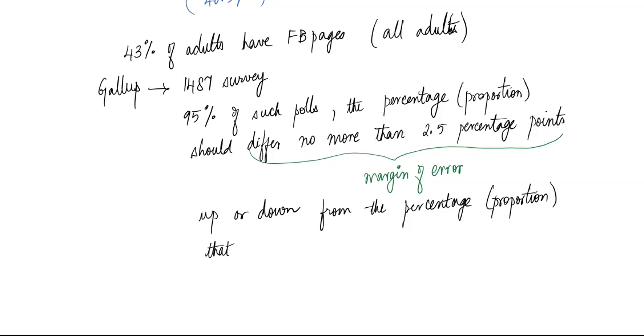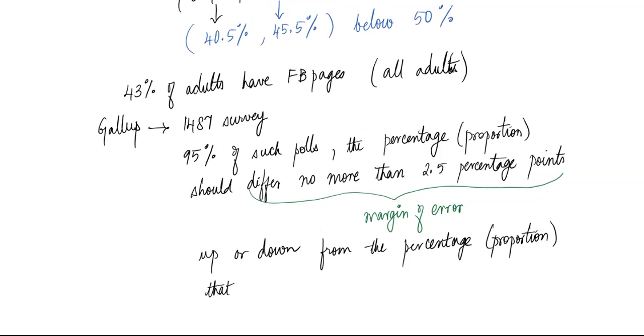You get a percentage, right? A proportion. That proportion could be 43% itself, or it could be 44%, because that is going to still be in that interval that we gave. It could be 42%.